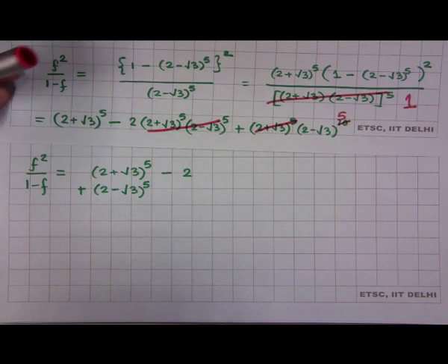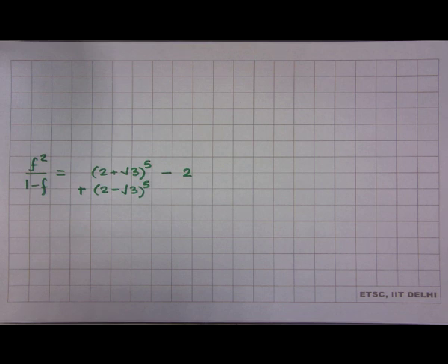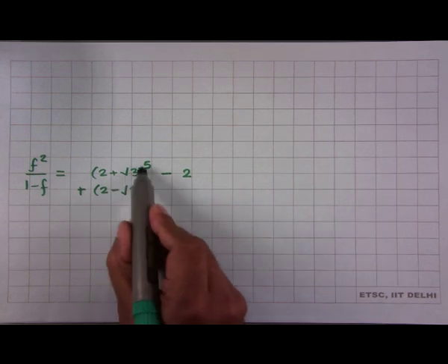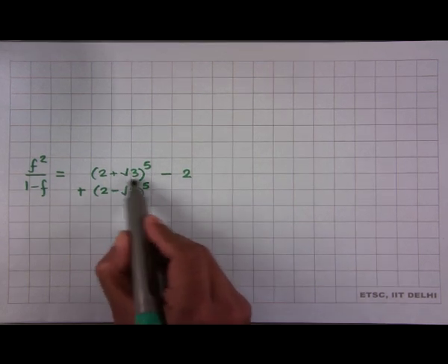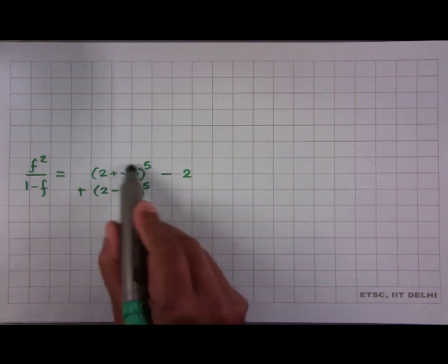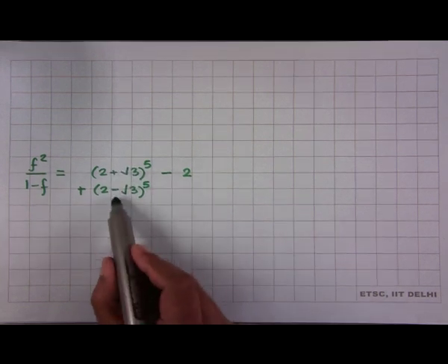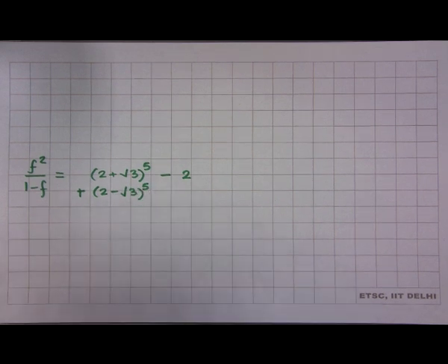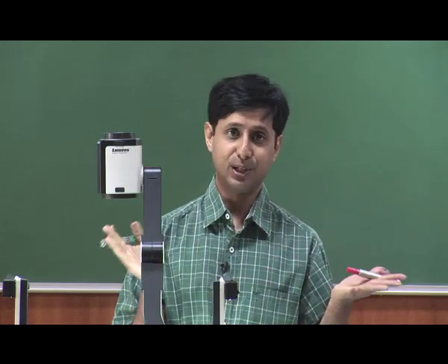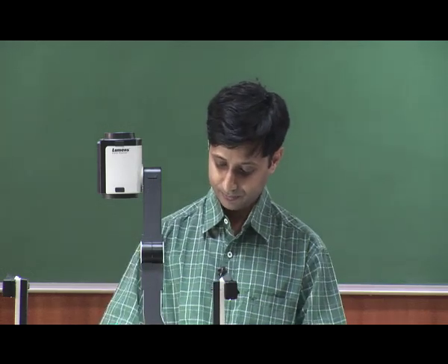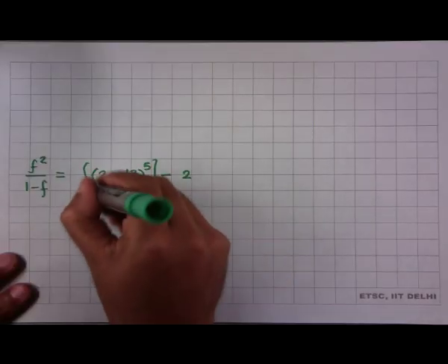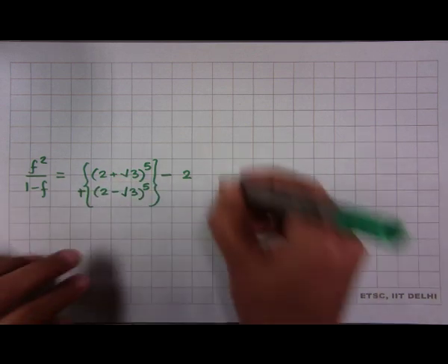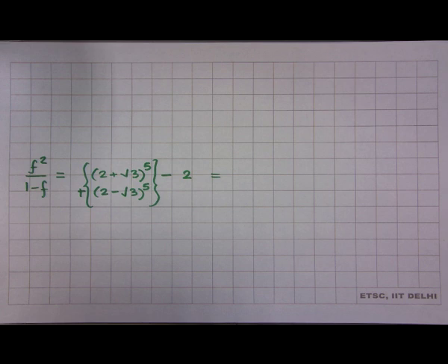All right. And how will you expand this out? All the odd terms, this has positive odd terms and this will have the same odd terms, but negative. So, the odd terms do not even have to be considered, only the even terms matter.